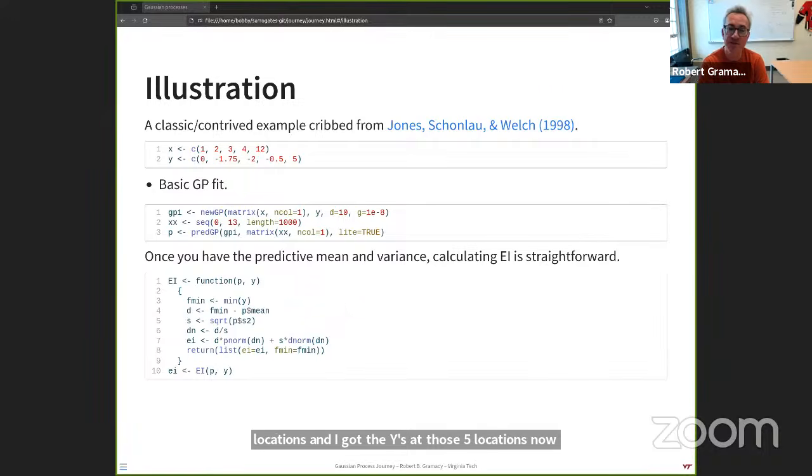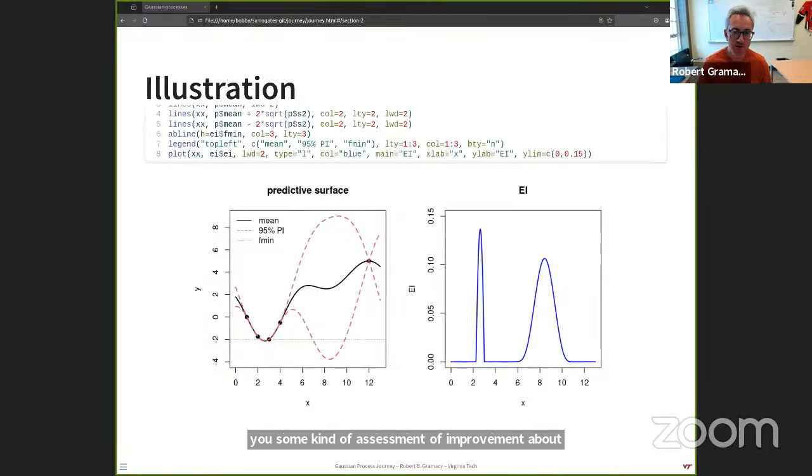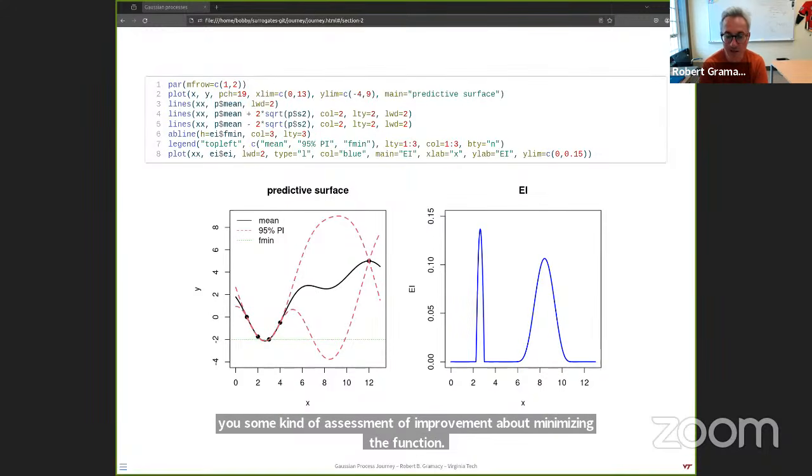I fit a Gaussian process to that data, and then I predict in the input space from that fit, and then I feed those predictive equations through an expected improvement function, which is like a lens that you use to look through the predictive distribution. You don't directly care about means and standard deviations. You care about how they combine to give you some kind of assessment of improvement about minimizing the function. So here's what this example looks like.